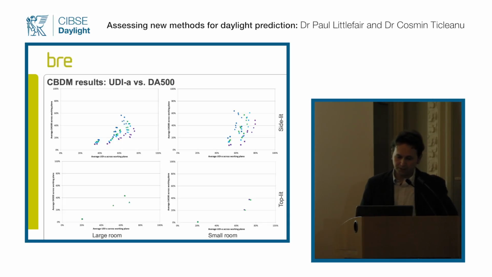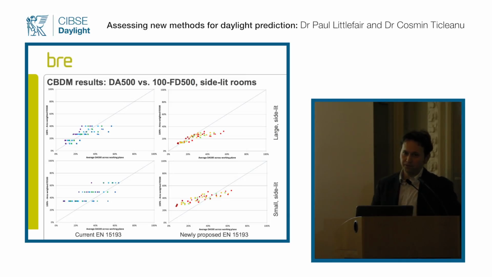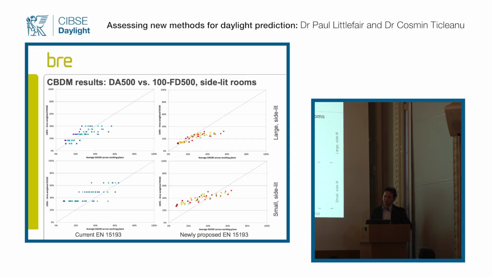And what's interesting to see, basically, is that the graphs in the next slides refer to the potential energy savings for lighting. In order to assess this aspect, we compared the average value of the daylight autonomy 500 across the working plane against this value, which is actually 1 minus FD 500.